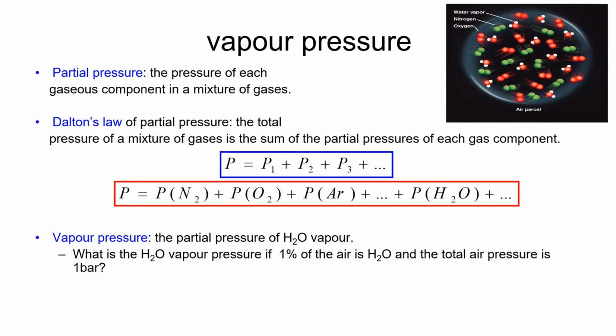In this question, we know that H2O is 1% of air, and the air pressure is 1 bar. Then the vapor pressure of H2O is 1 by 100 into the total pressure of 1 bar. That is 0.01 bar.